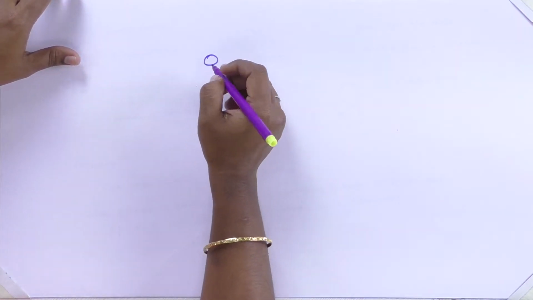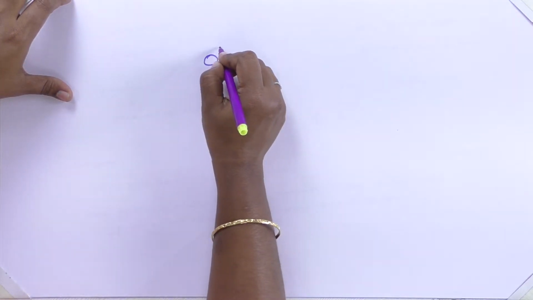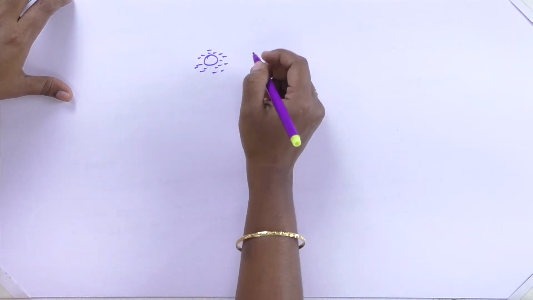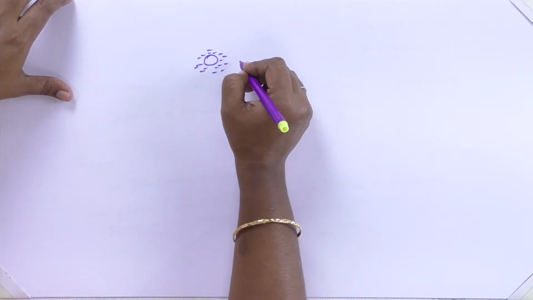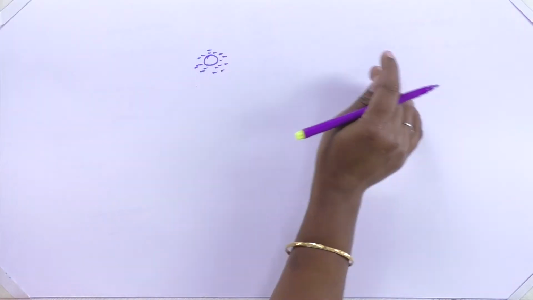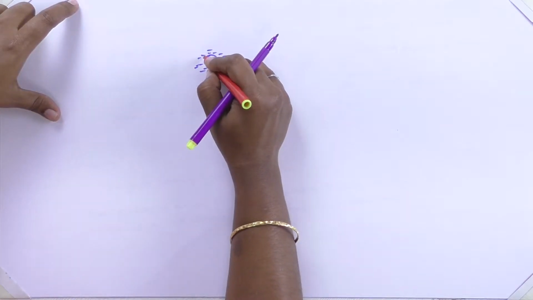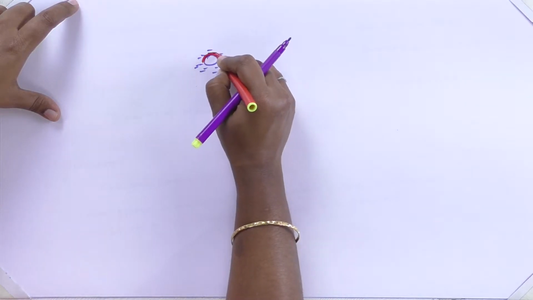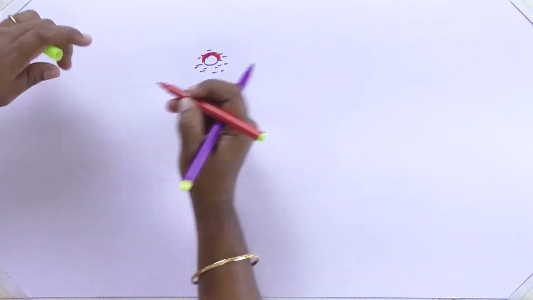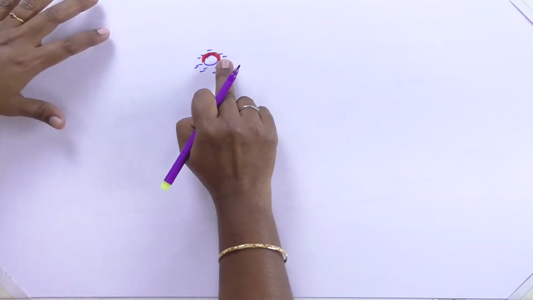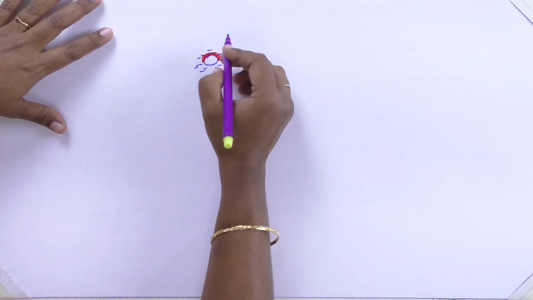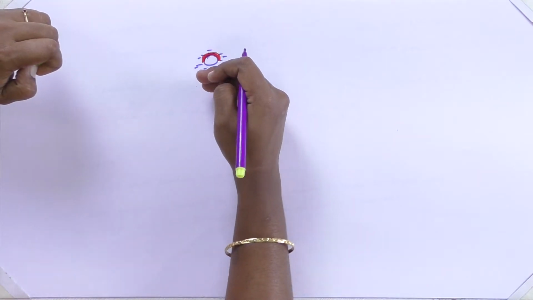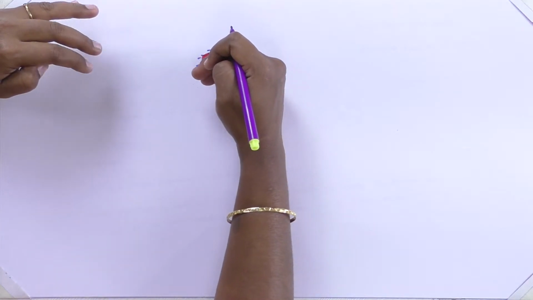Assume this as a cement grain, and when it reacts with water, the products of hydration, that is the CSH and Ca(OH)2, are formed on the surface of the cement grain, and the hydration reaction proceeds from the outside of the cement grain.